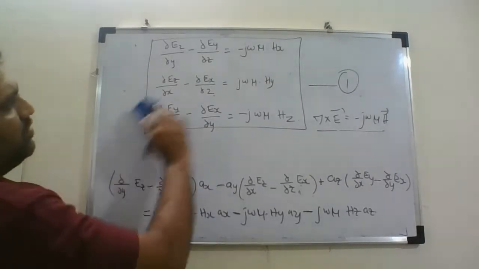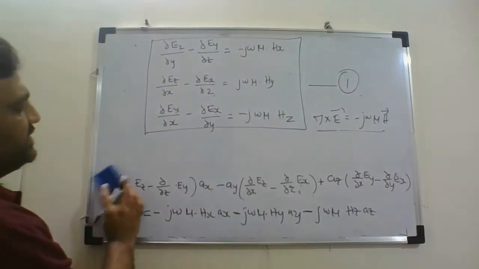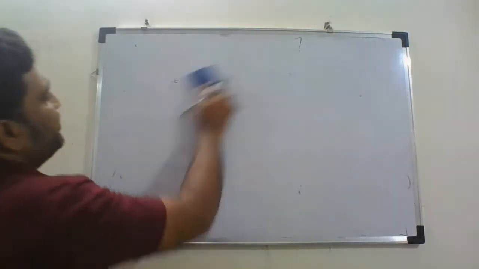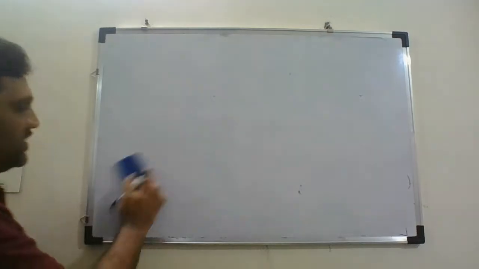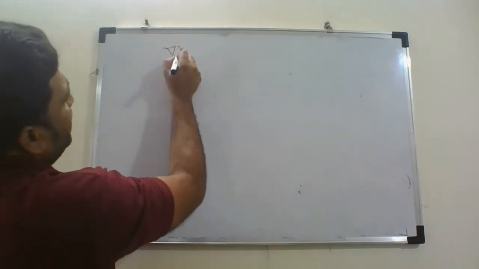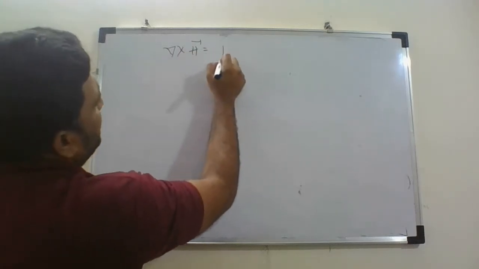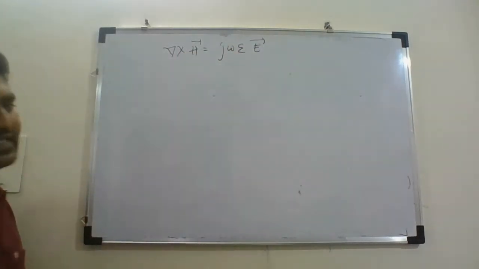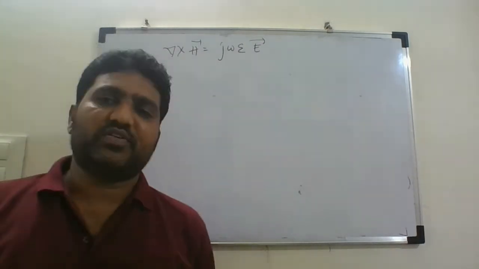Till this point it is clear, right? Now let us take the other Maxwell's equation, which is del cross H bar is equal to jωε into E bar. This is the Maxwell's equation that comes from the inconsistency of Ampere's law.